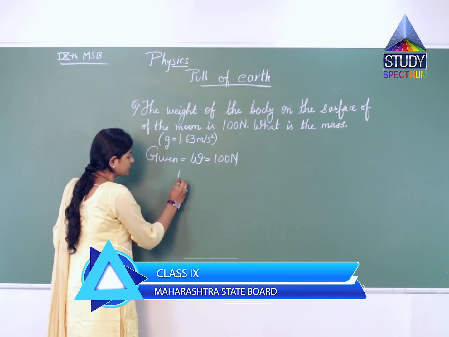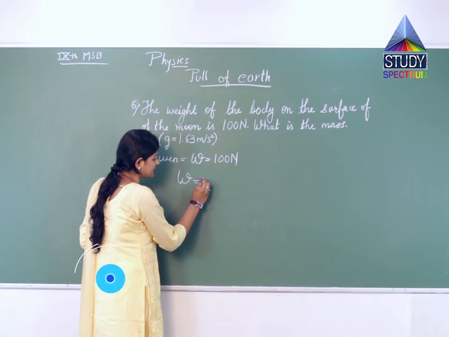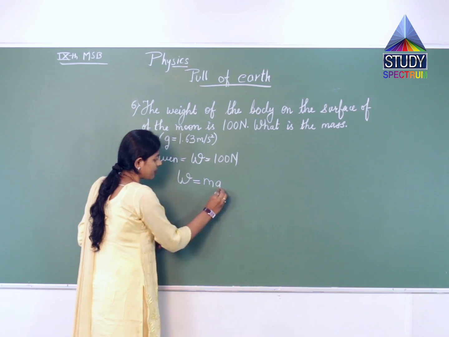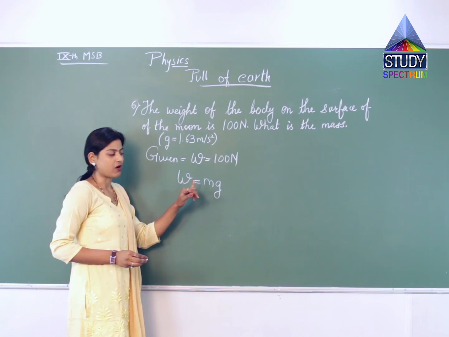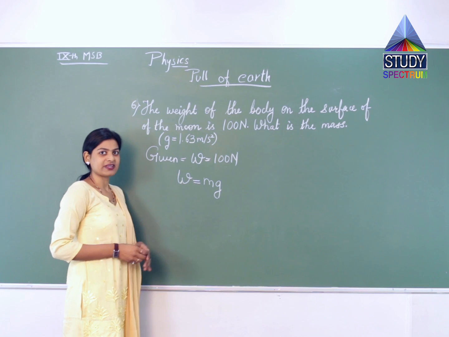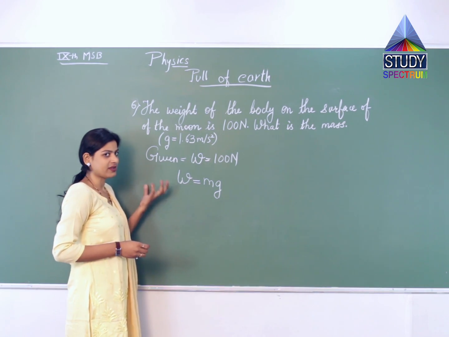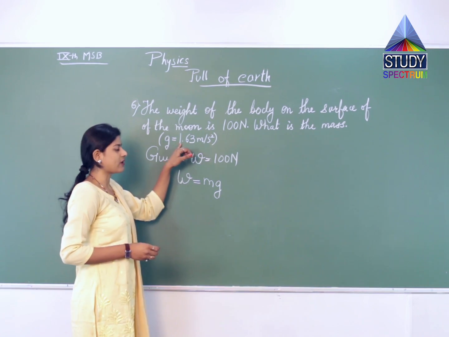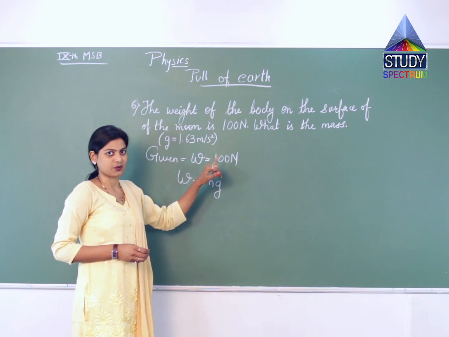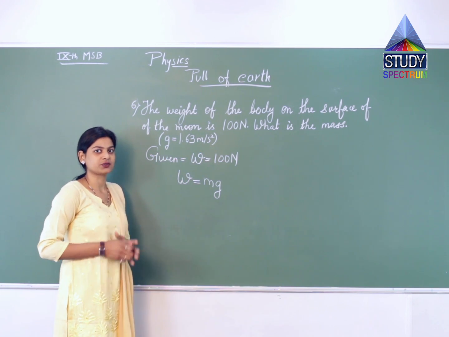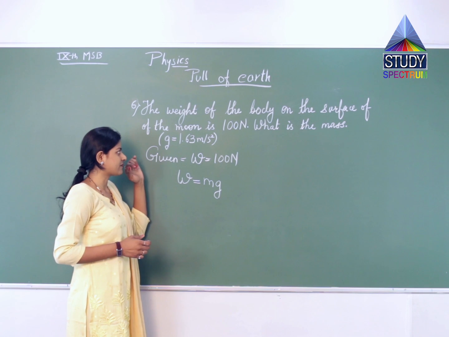Using that relation between weight and mass, that is W is equal to mg, we can find out the value of m. So the acceleration due to gravity produced on the surface of the moon is 1.63 meter per second square.